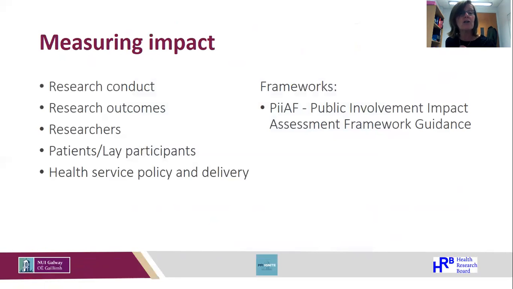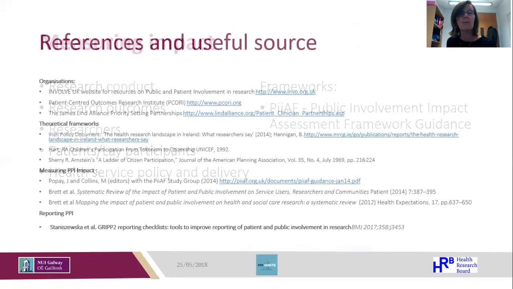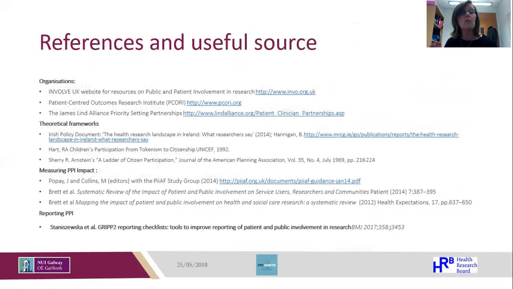And you can look at changes that have occurred to either health service policy or delivery through the influence of your PPI contributors. As I say, there are some frameworks. The PIAF is one of these, but it is something that a lot more work is required. So I'll leave you here with some useful references and resources. There are a number of different theoretical frameworks, as I mentioned, and some references to it there, and references on measuring the impact.